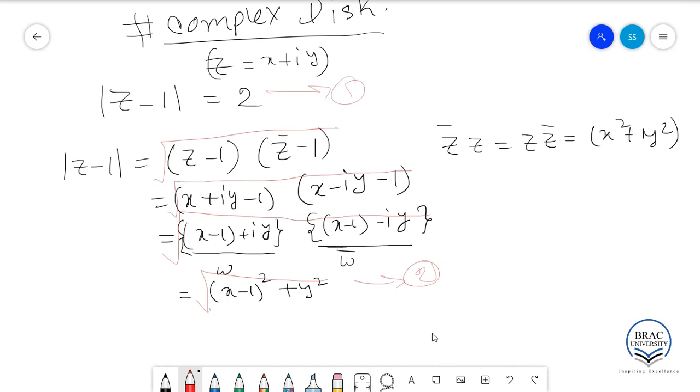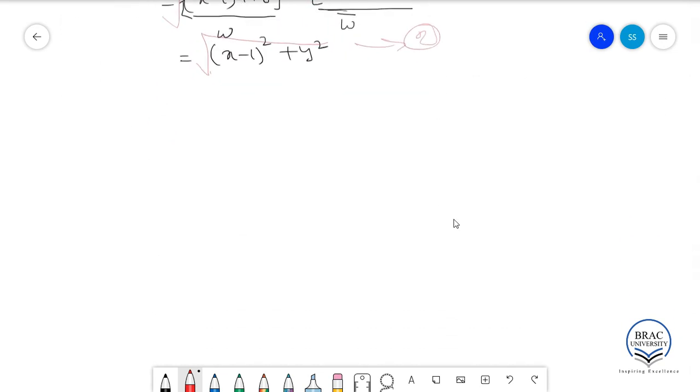So now what we can write is square root of x minus 1 whole squared plus y squared is equal to 2. Now take square on both sides, that is, I square both sides like this. So this gives us x minus 1 whole squared plus y squared is equal to 2 squared.